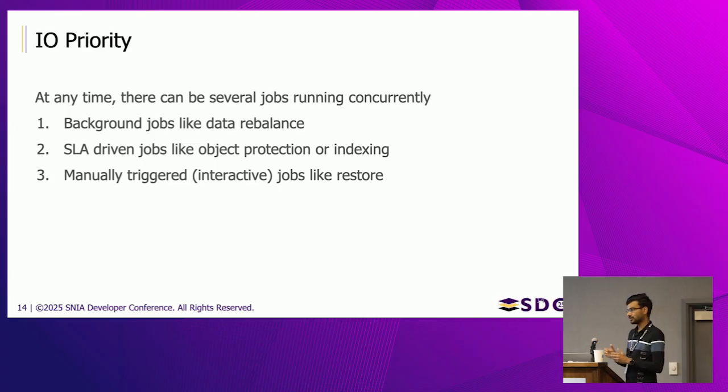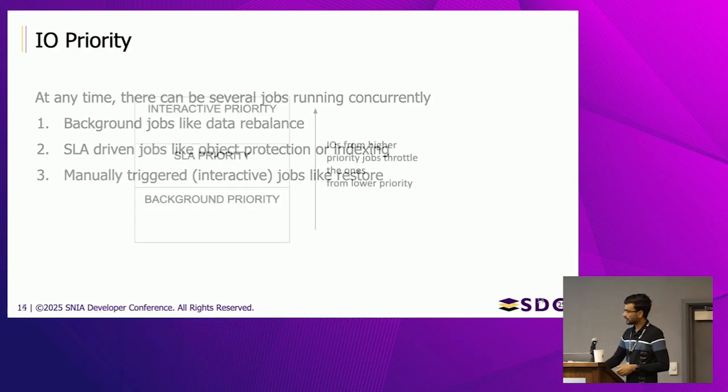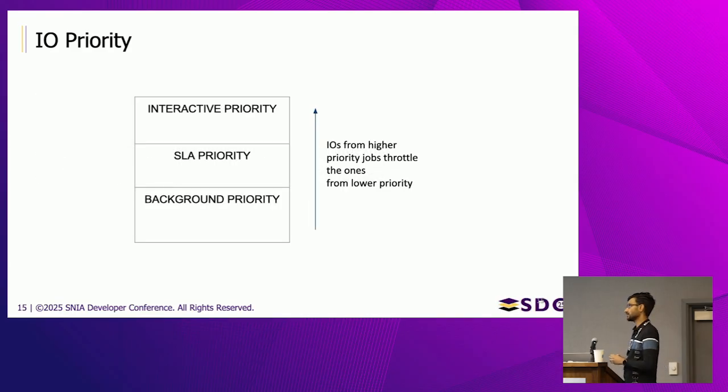And if we don't use the concept of IO priority here, it is possible that a background job will take up all of the IOs and the more important jobs will not be able to get the high throughput that we want. So to solve this, we have a few priority classes. We have interactive priority class, SLA priority class, and background priority class.